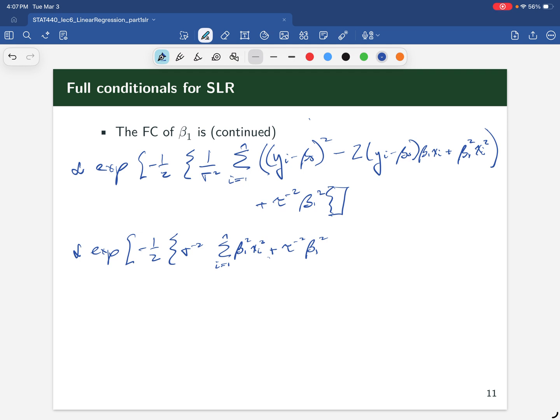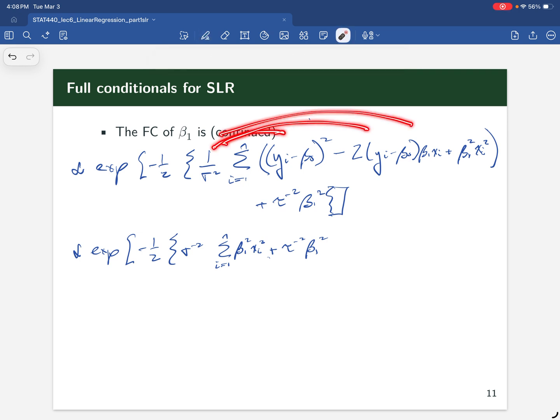Okay, now I want the term with just my beta 1s. The sum is getting applied, and in fact, I should have said this 1 over sigma squared is getting applied to all three things as well.